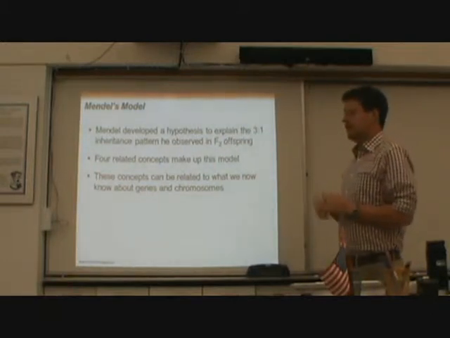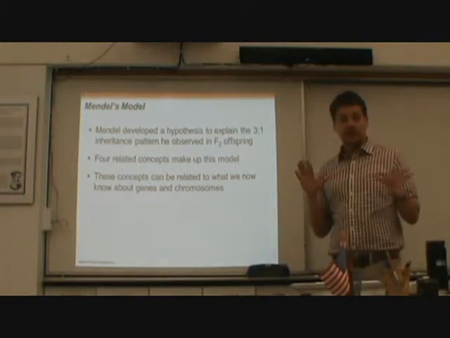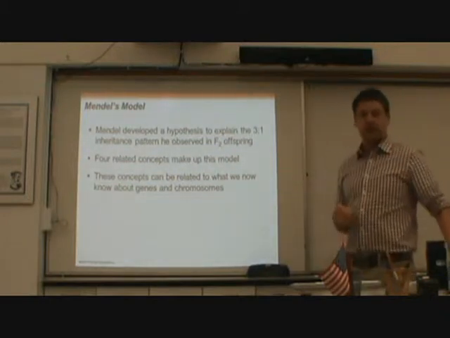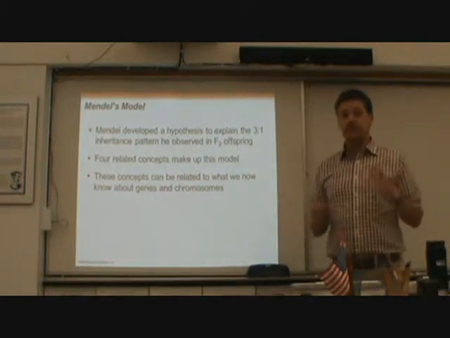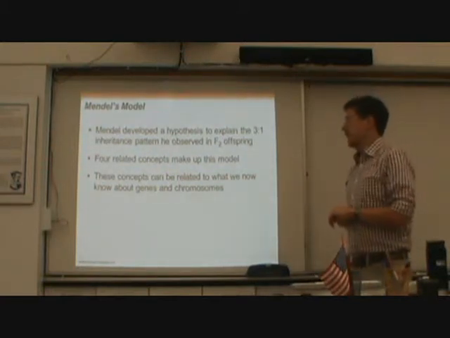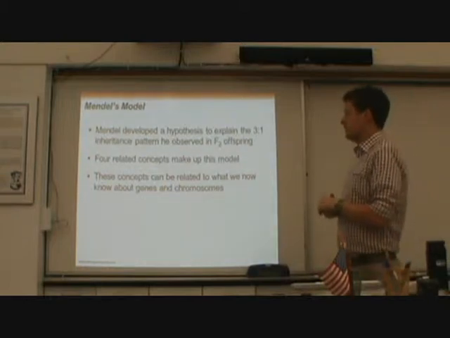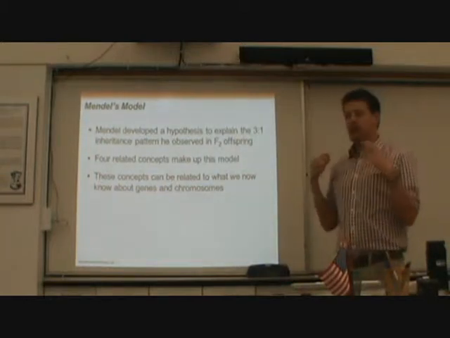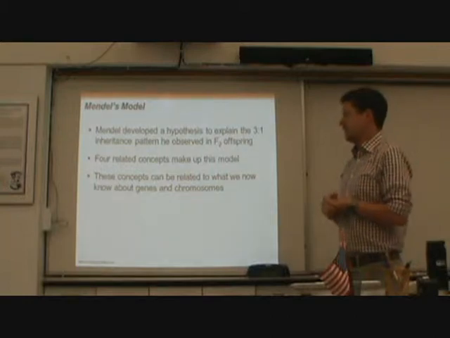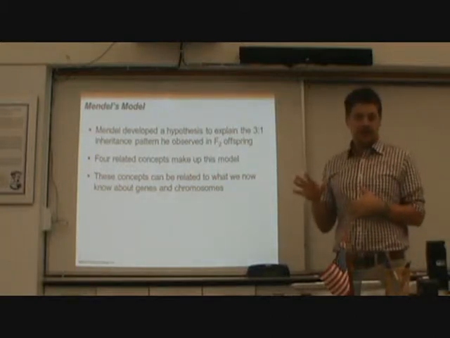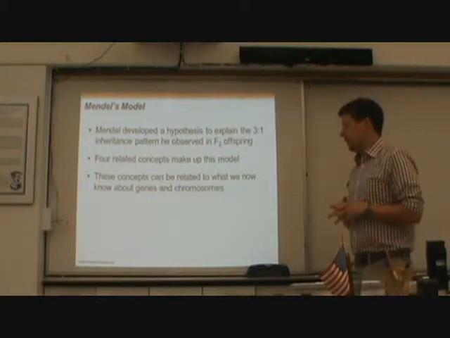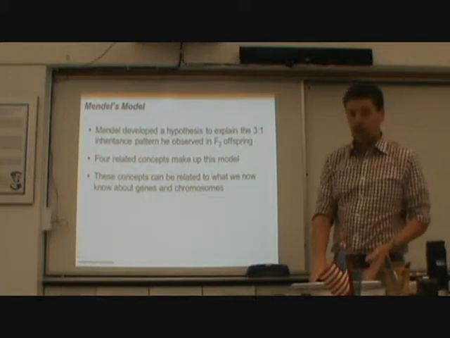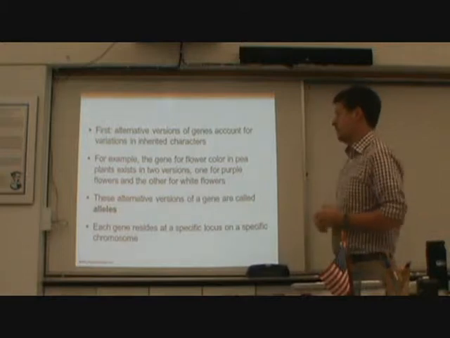So we talked about how he came up with that 3-to-1 ratio when he was looking at the colors of those different pea flowers, and he came up with a bit of a model to explain this. There are 4 different concepts that work together to help explain that 3-to-1 ratio, and they're related to what we actually know now about how genes work.